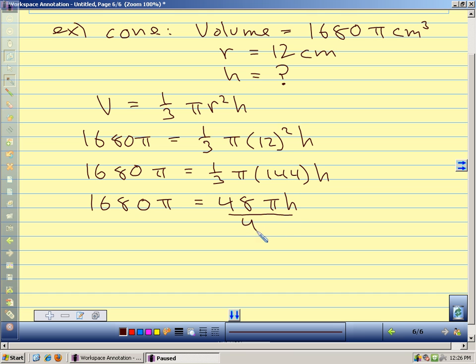Now I'm going to divide both sides by 48 pi. These cancel, and I get h equals, and 1,680 divided by 48 is 35, and my units are centimeters. So we plug in what we know, solve for the part that we don't know. Questions on that one?